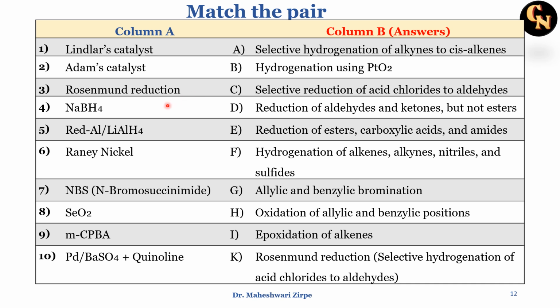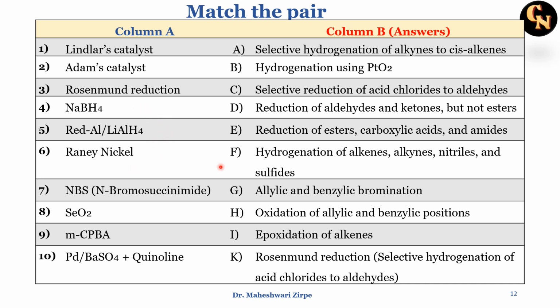Next is sodium borohydride. Sodium borohydride is used for reducing aldehydes and ketones but not esters. Whereas the next one, you can see Red-Al or lithium aluminum hydride, the fifth one, reduces esters, carboxylic acids and amides also. This is the difference between your mild reducing agent and strong reducing agent.